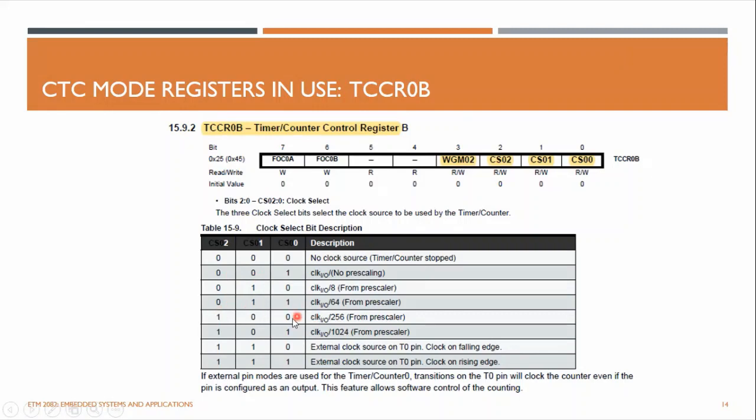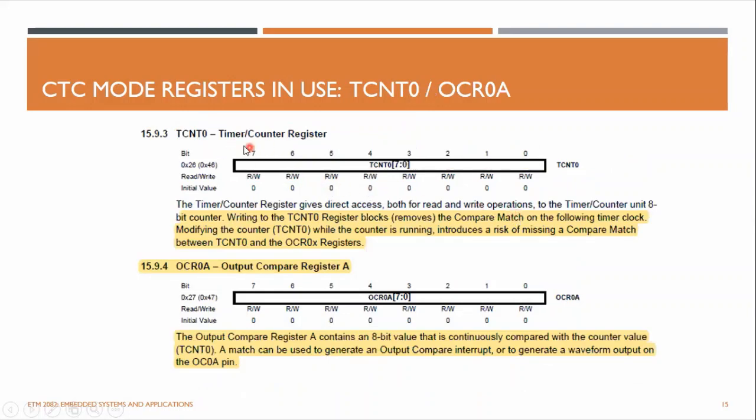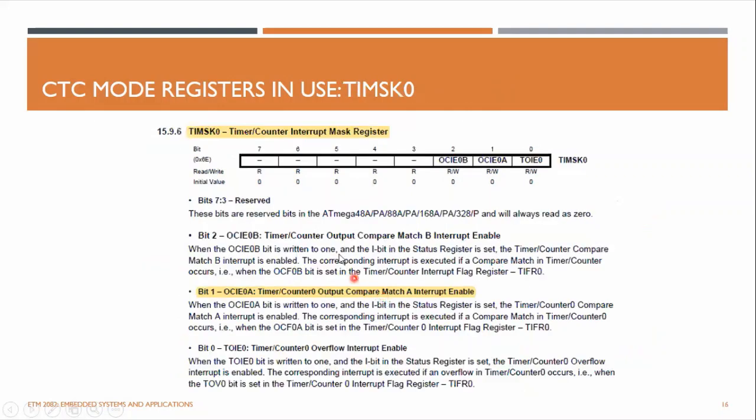And you can select any clock prescale, right? So if you want to use 1024, it is 101, and likewise. And this is the timer, the value of the timer is written in here. And this is your OCR0A compare register, the pre-assigned value you have to write here. Now you are not enabling the overflow interrupt.